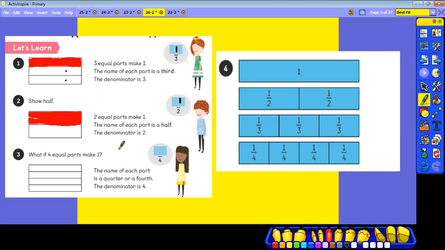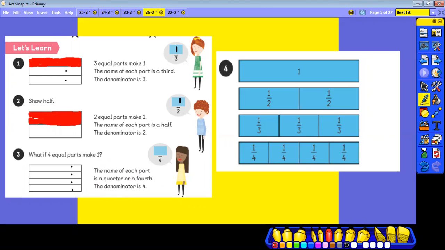Now, Lulu's explaining what happens when we divide that shape into 4 equal parts. The name of each part is a quarter or a fourth in Maths No Problem. The denominator's 4 because we've got 1, 2, 3, 4 equal parts.